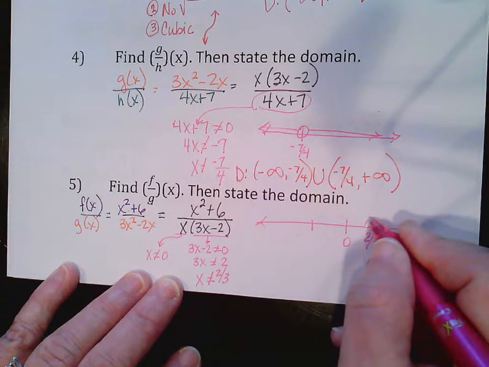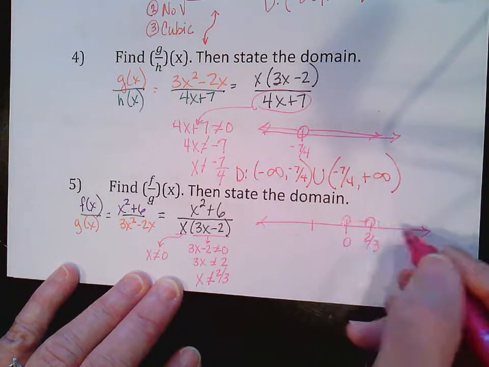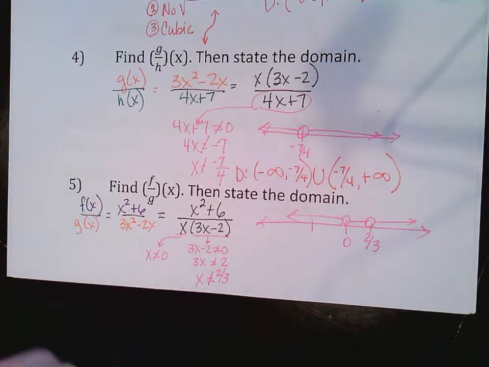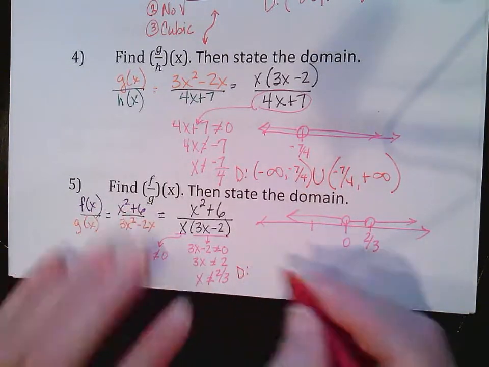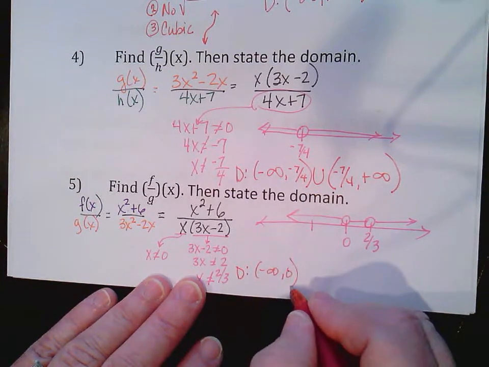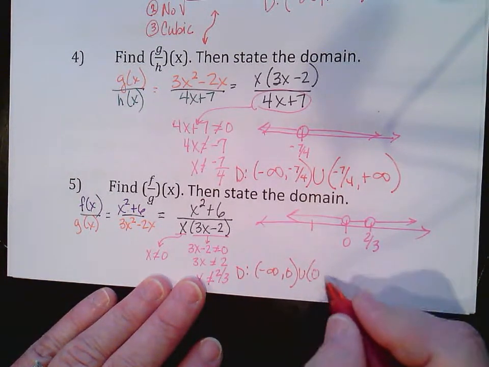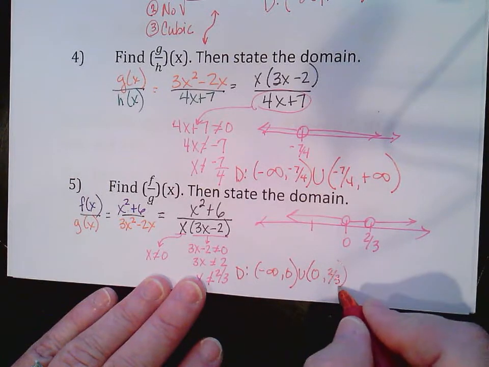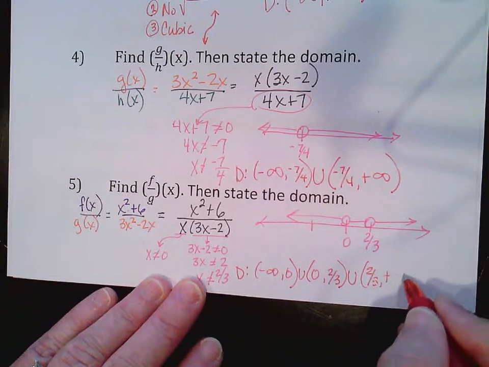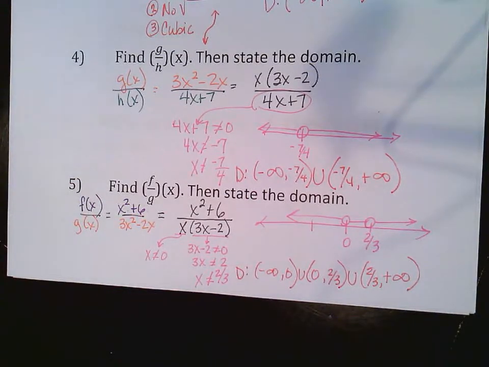So that means I don't have 2/3 and I don't have 0, but I have everything else on the number line. So my domain goes from negative infinity to 0, not including 0. It continues from 0 to 2/3, not including either one of them, and then goes from 2/3 to positive infinity. And so that's how you would calculate the domain on that one.